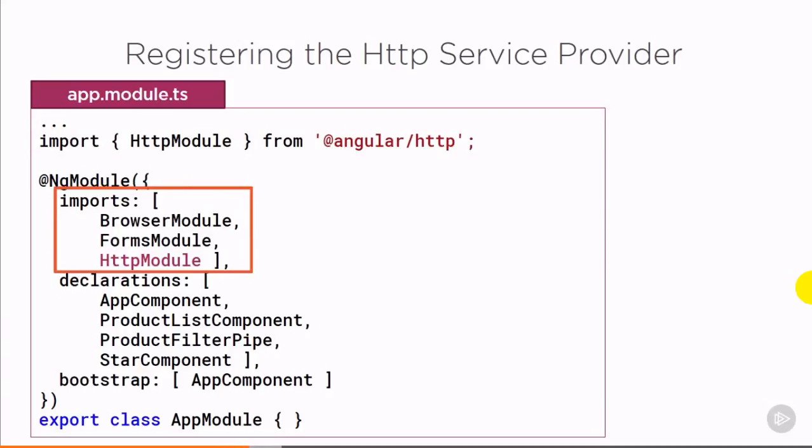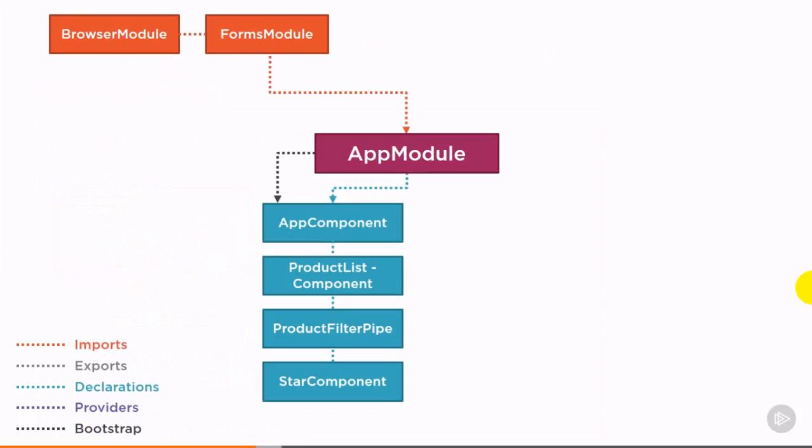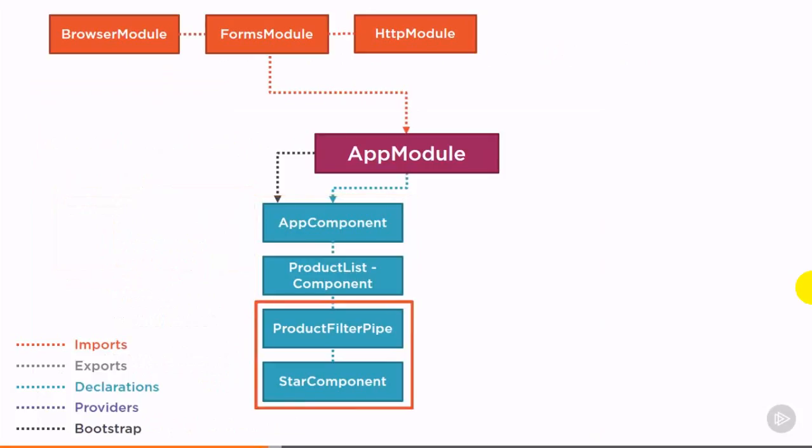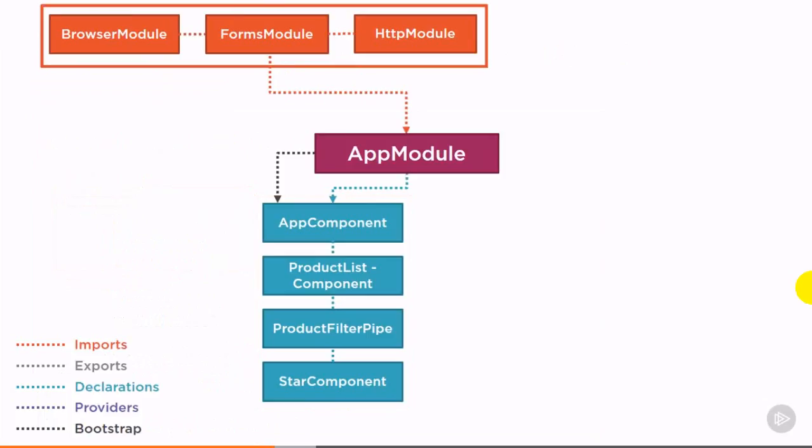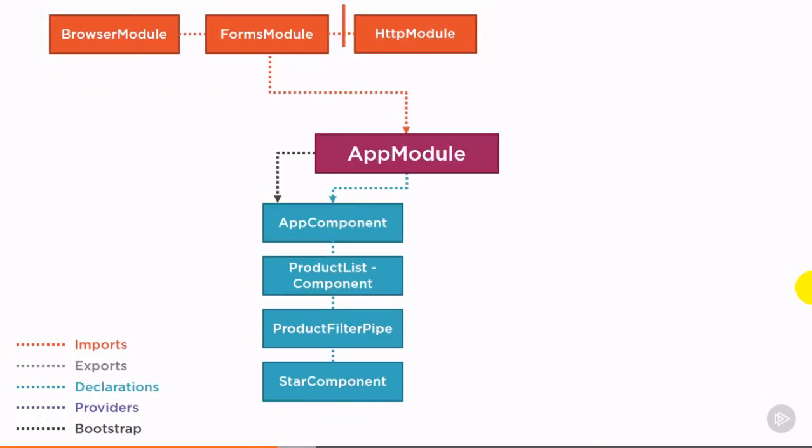So we use the imports array to pull in this external HttpModule. Now our Angular module illustration looks like this. We declare our components. We declare the directives and pipes that those components require, and we import the external modules that we need. And for HTTP, we need HttpModule.